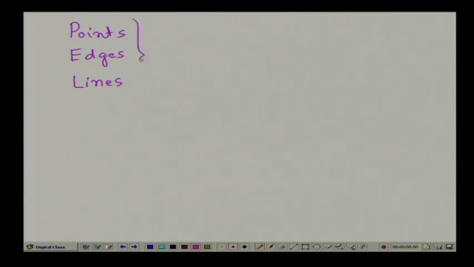And for detection of this kind of discontinuities, that is either detection of points or detection of lines or detection of edges, the kind of approach that we will take is the use of a mask.